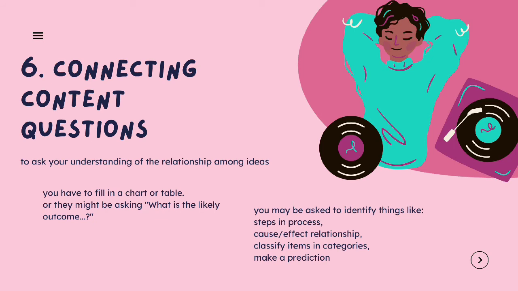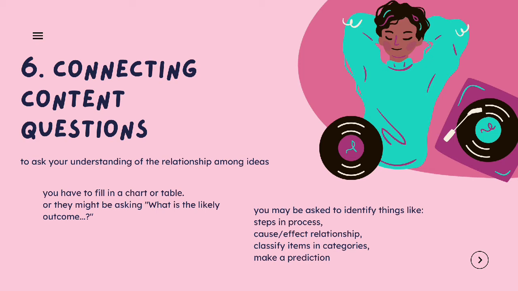6. Connecting content question. The purpose of this type of question is to show your understanding of the relationship among ideas in a lecture. Connecting content questions may require you to fill in a chart or table. Or they may ask things like, "What is the likely outcome?"